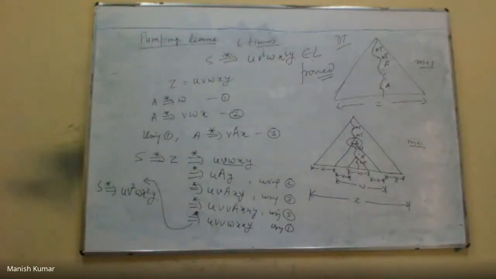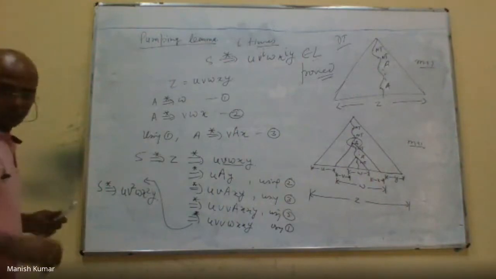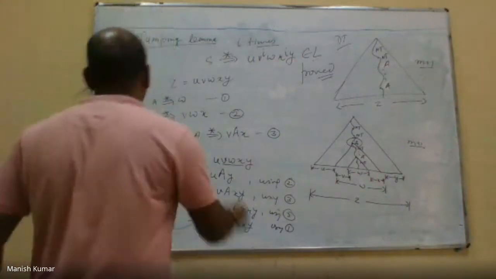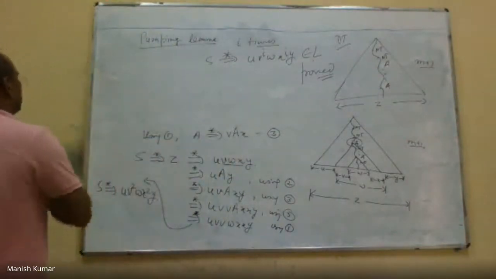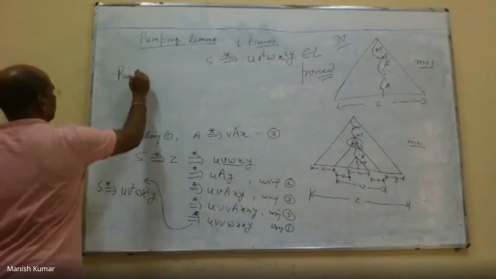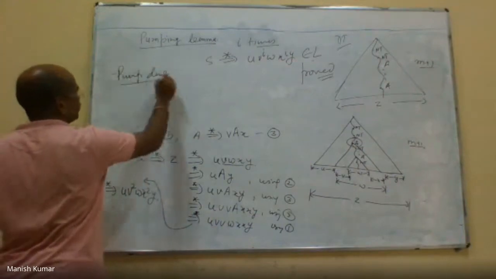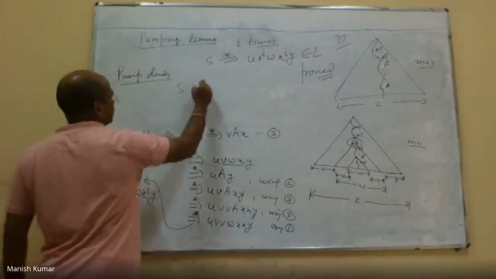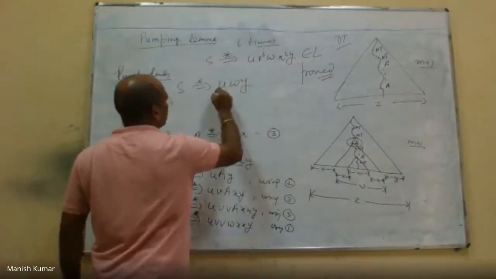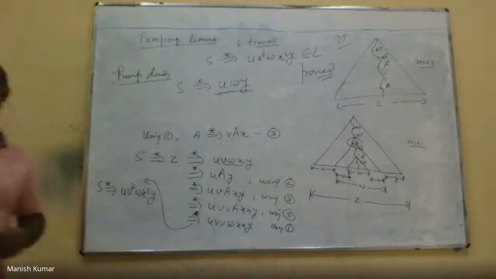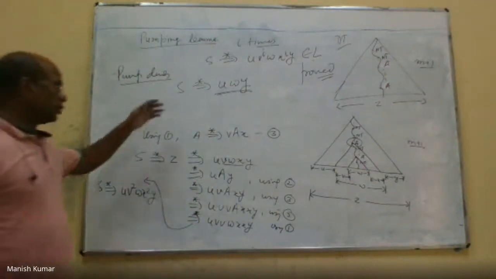Obviously, sometimes we go for pump down also. In the pump down case, the maximum you can go for is U W Y, where I can take 0.